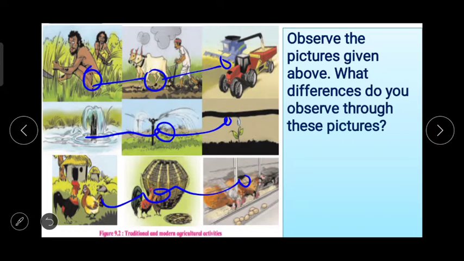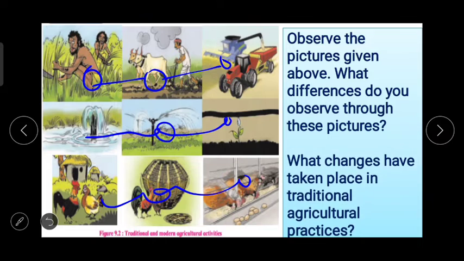उन स्टेप्स में हमें ये दिख रहा है कि किस तरह से एडवांस्ड टेक्नोलॉजी की वजह से अलग अलग चीज़ें यूज़ हो रही है. जैसे यहाँ पर है देखो, अपने हाथ से कटाई हो रही है, यहाँ पर बुलक का यूज़ हो रहा है, and here you can see tractor. Here also for watering crops, ये सीधा पाइप है, फिर स्प्रिंकलर है, फिर और एडवांस टेक्नोलॉजी का यूज़ किया जा रहा है.